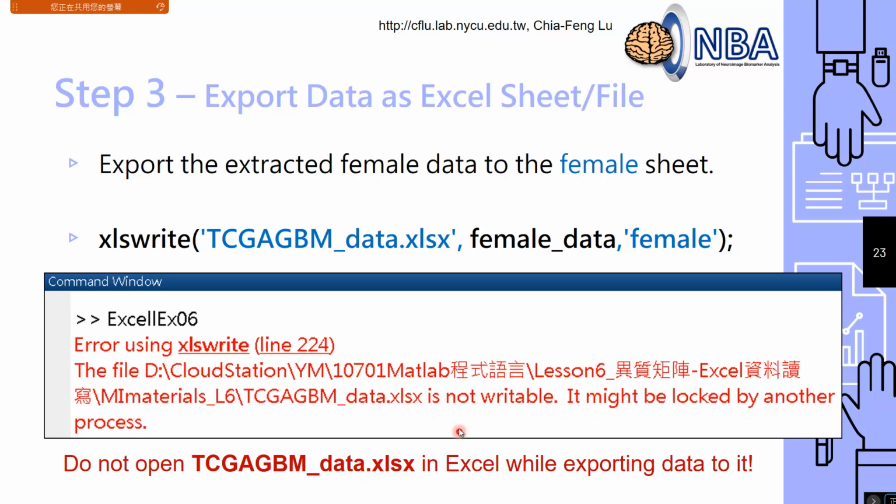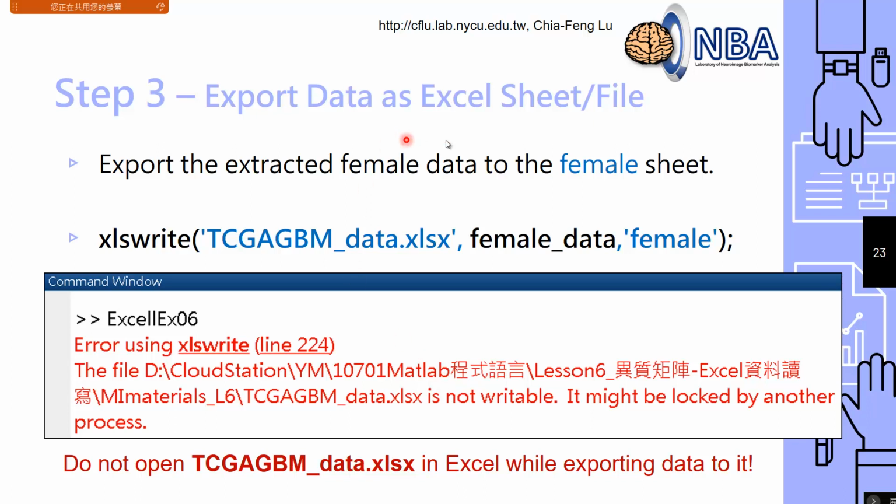So you need to close it. And another issue is that if you are a Mac user, I think the XLS write function won't work. I'm sorry for that, but for most of you, over 80% of the students sitting right here, you do have the PC system, or you can use the desktop. Then you will know how XLS write will work.